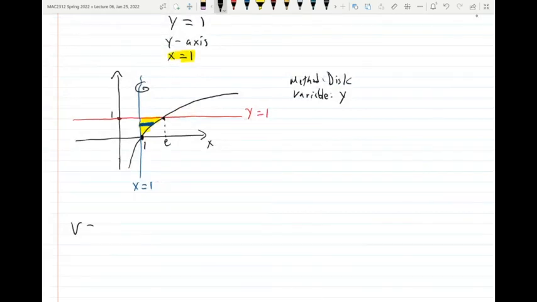So we immediately can write a formula. From where to where? From 0 to 1, right? Look at the y-axis. We're moving from 0 to 1 of pi out of y squared dy. Yes? So now we just need to figure out who is this guy.